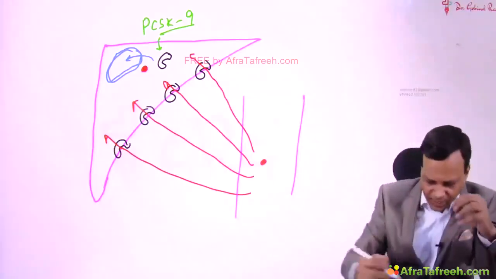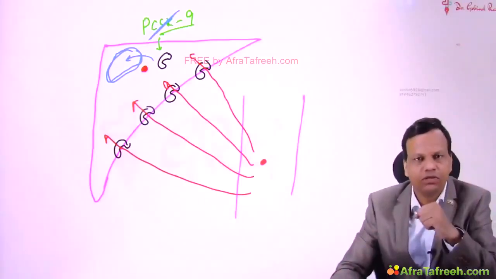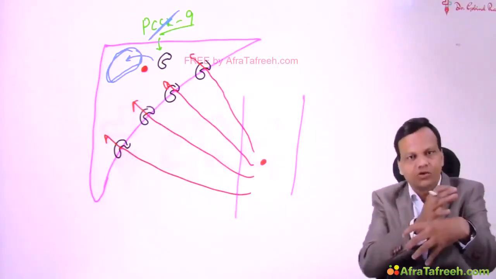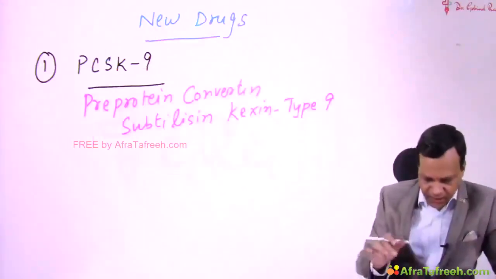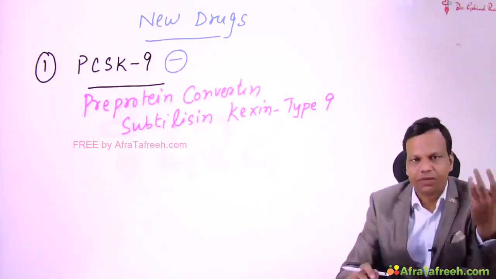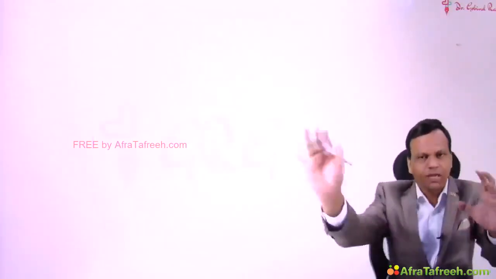So if we inhibit this PCSK9, then LDL receptors will not be broken. When more LDL receptors are present, they can take up the cholesterol from the blood. So we can use the drug as a hypolipidemic drug. Okay? So the drugs which inhibit PCSK9 can be used as hypolipidemic drugs. And there are two types of drugs.